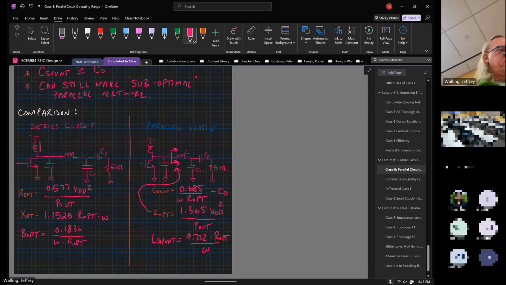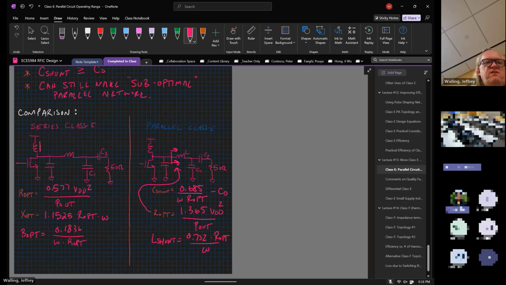Professor, I have one question here. What if I connect the C shunt to power VDD instead of ground? Because in small signal, it will basically stay in parallel as well. Yeah, that shouldn't be a problem, as long as the voltage isn't changing.